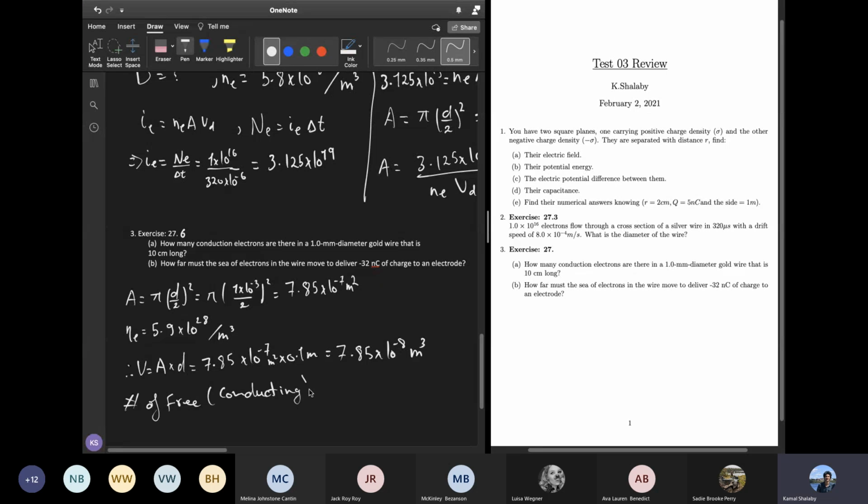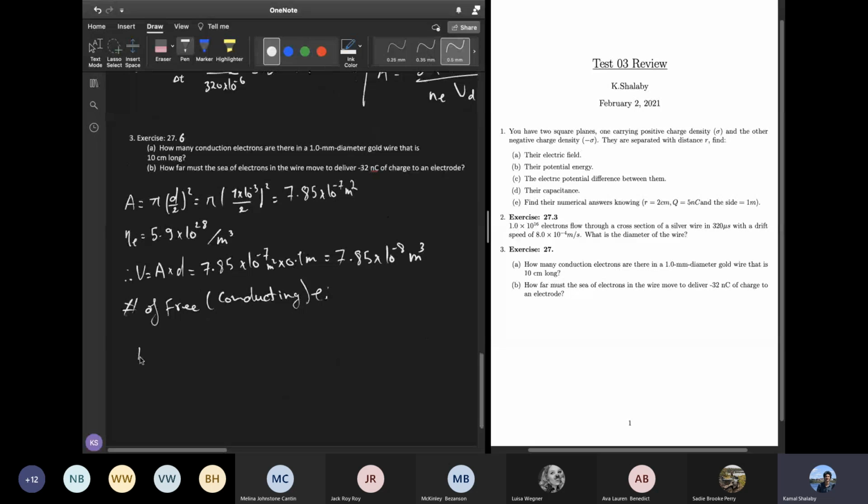So 5.9 times 10 to the power of 28 multiplied by 7.85 times 10 to the power of -8.